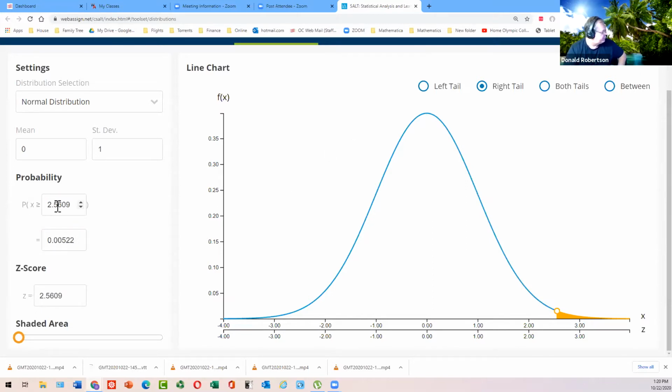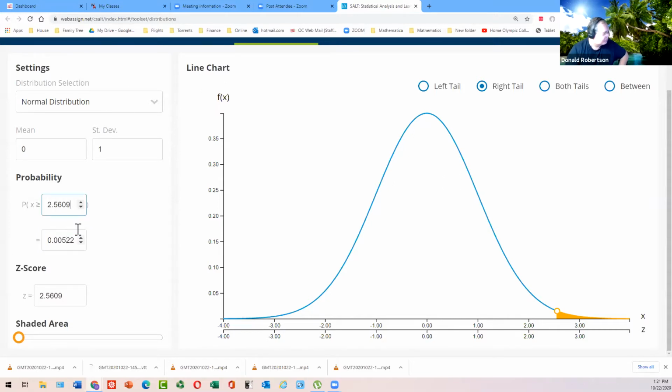You see, once I put the answer in here, doesn't this one automatically update? And also, do you notice how small the picture is? Now, if I convert that to a percentage, 0.005 is very roughly 0.5%.